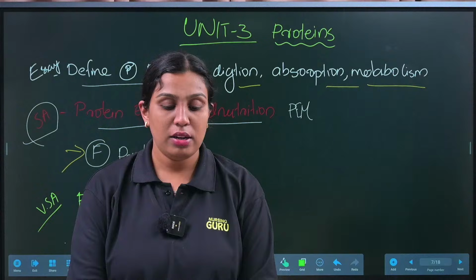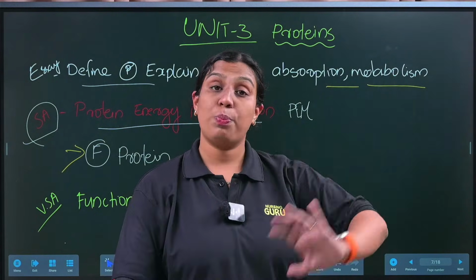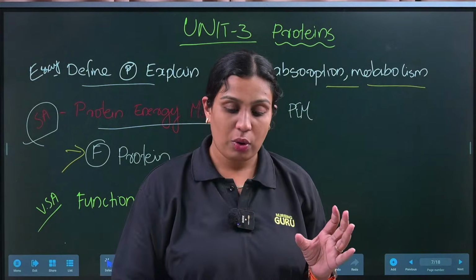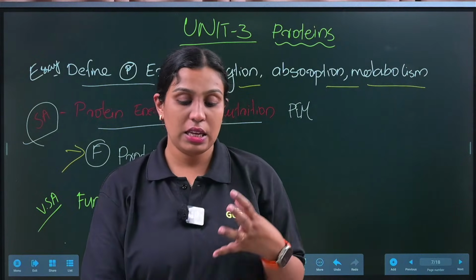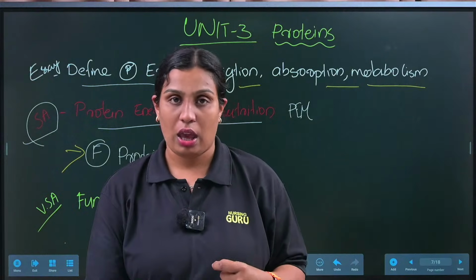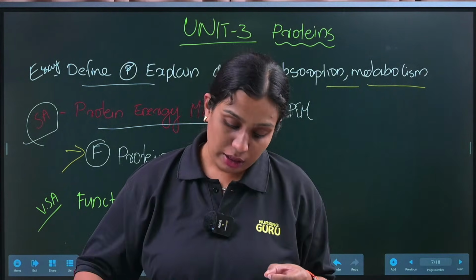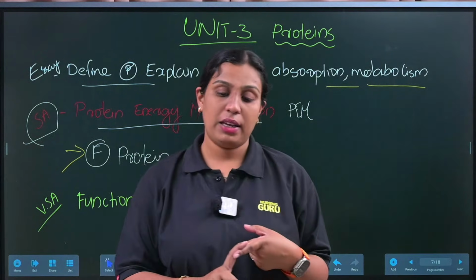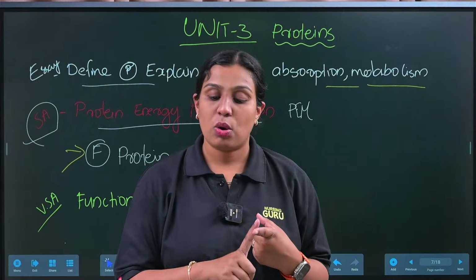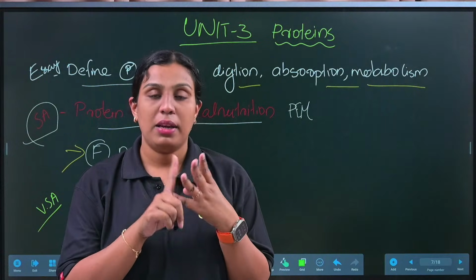Protein, energy, malnutrition is known as PEM, and it is a potentially fatal body depletion disorder and the leading cause of death in children in developing countries. Our India is a developing country, so PEM is important. The types of PEM include kwashiorkor and marasmus. The explanation of kwashiorkor and marasmus is important, and also their treatment and prevention.